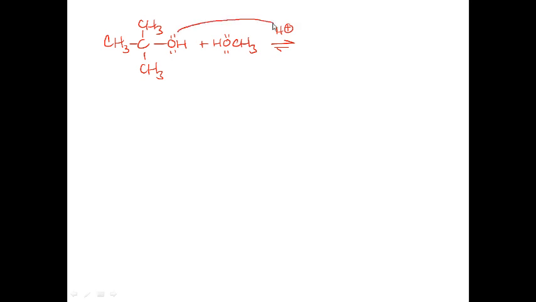So for instance, let's take an extreme case of reacting something like tertiary butyl alcohol and methanol together. Well, in this case, if I treat this with acid, the first thing that's going to happen is that I'm going to protonate the OH. And the question is, which OH am I going to protonate?